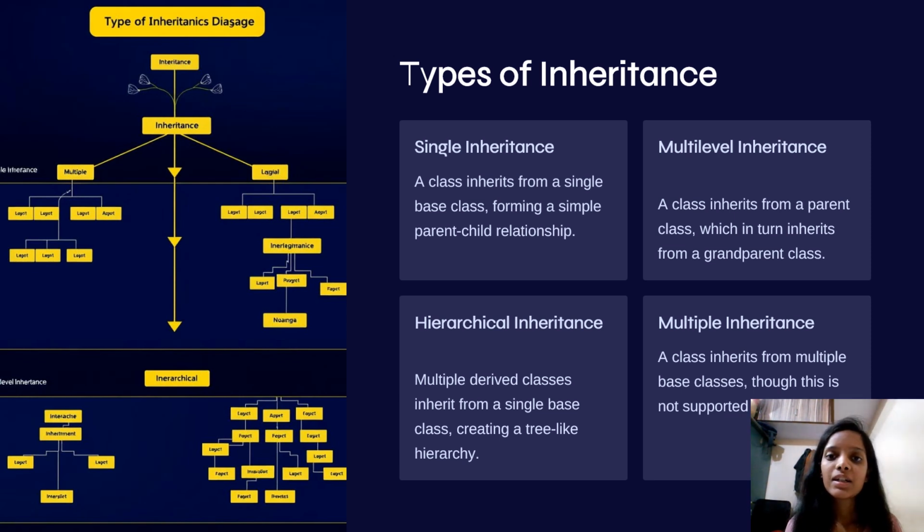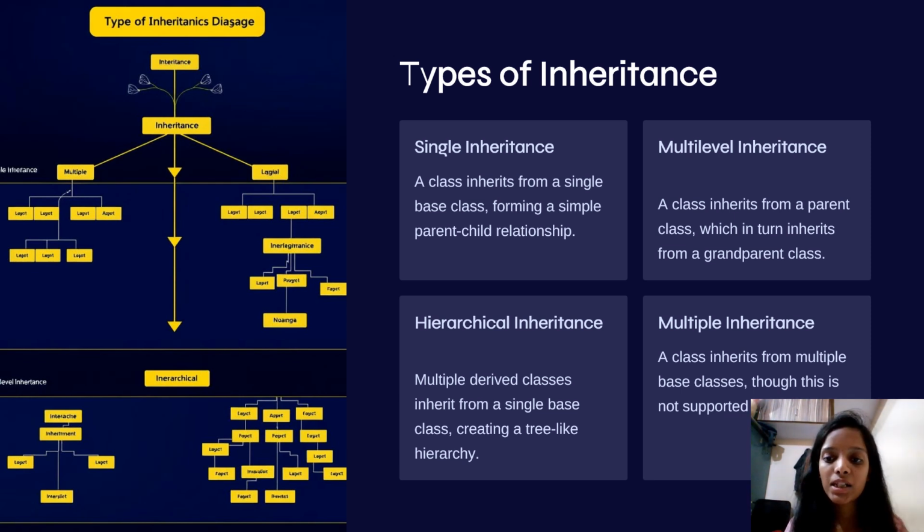Hierarchical inheritance, this is the inheritance where more than two classes are involved, that is the hierarchical order. One would be the grandparent class, parent class, and the child class. Multiple inheritance: a class inherits from multiple base classes, though this is not supported in Java.